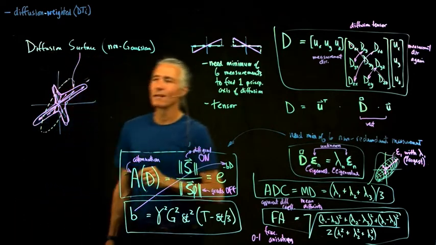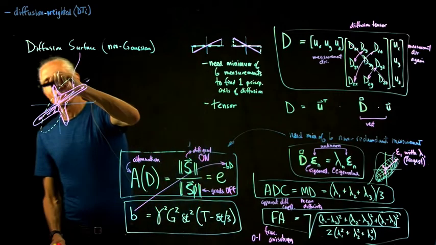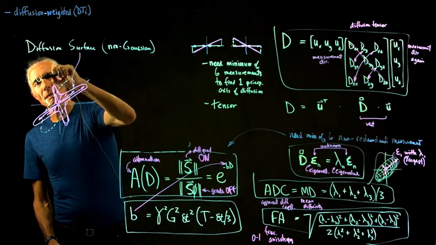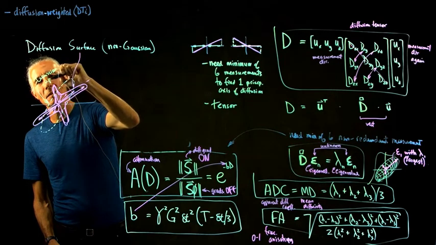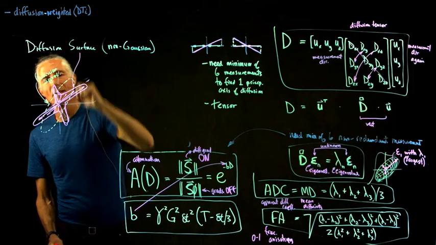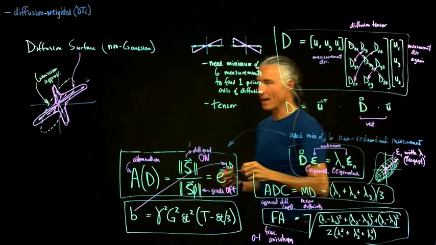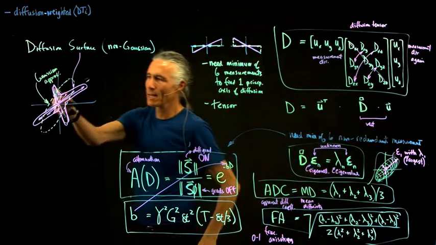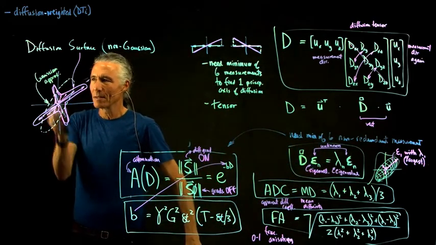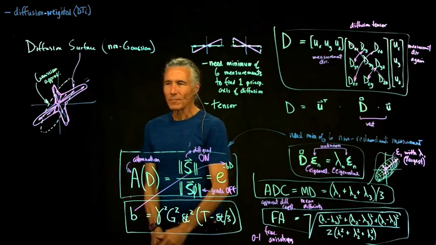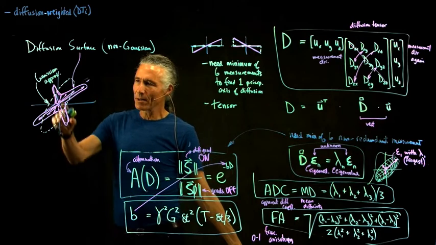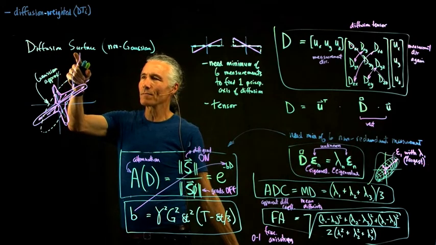That would be our Gaussian approximation, and it's going to be wrong. It's going to be halfway in between the two main directions of diffusion. So that's why you might want to measure more directions, or a diffusion surface.